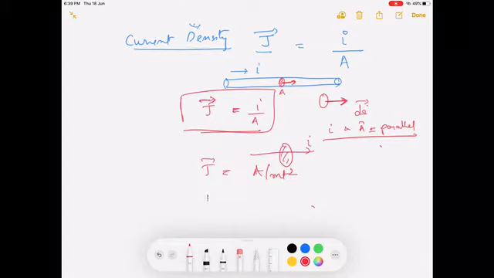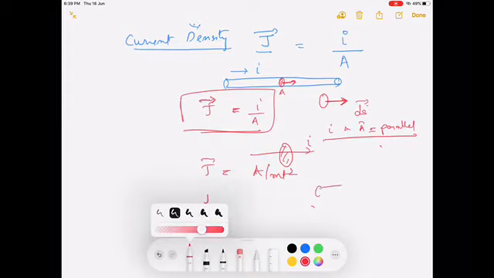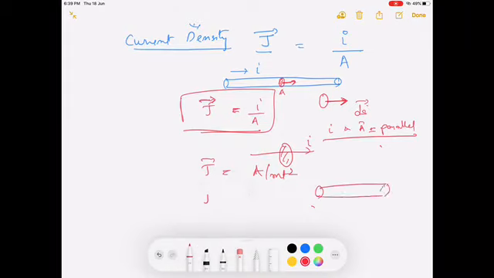Now there may come a question: suppose in a conductor the area is not perpendicular but slant, making some angle with the perpendicular area.